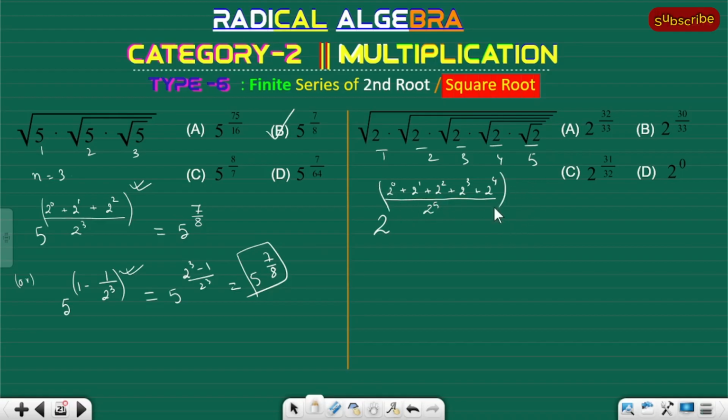This will be raised to the power 2, right? And you will get the answer as 2 raised to the power 31 by 32. Let's check by formula. Here it is 2. Here it is, sorry. This is 1, 2, 4, 8, 16, 20, 28, 30.